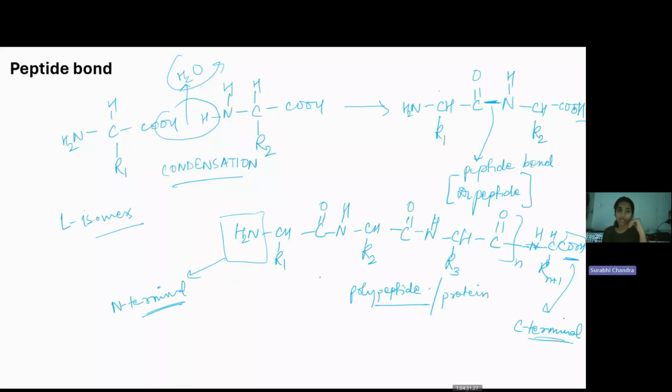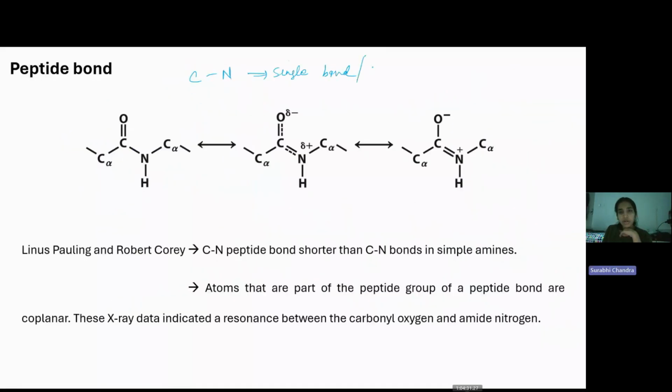Now, in general, a peptide bond has partial double bond character. Here, C-N is a single bond, or sigma bond, whereas C double bond N has pi bond characteristics.